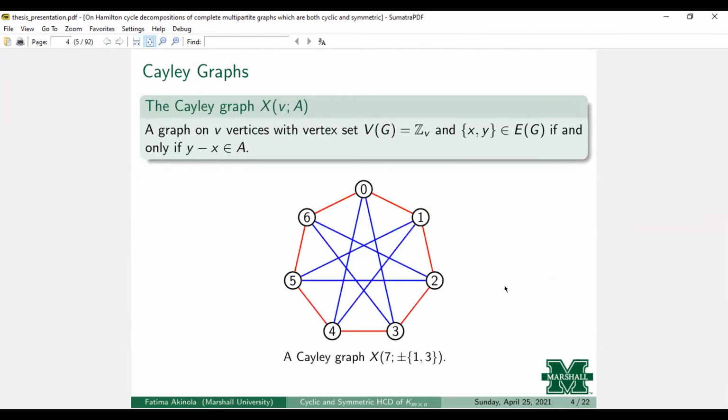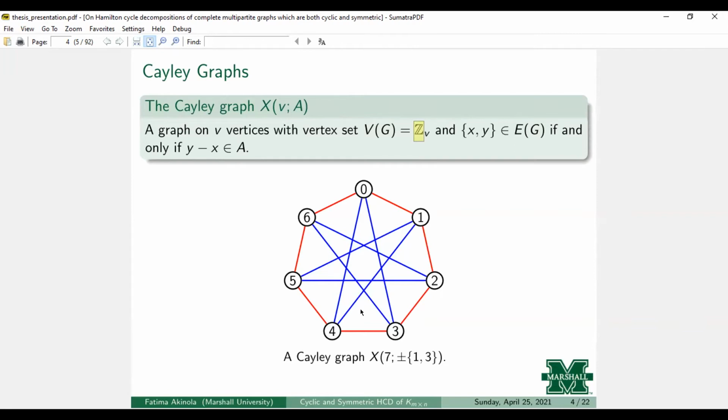And so we use a variation of the Cayley graph, and this is just a quick definition. If you have a graph on V vertices, then label its vertices with Z_V, and you have something called an edge length between two vertices. You just take 0, 4 and find your difference, and it goes both ways.